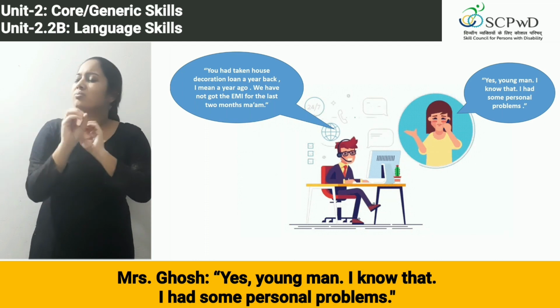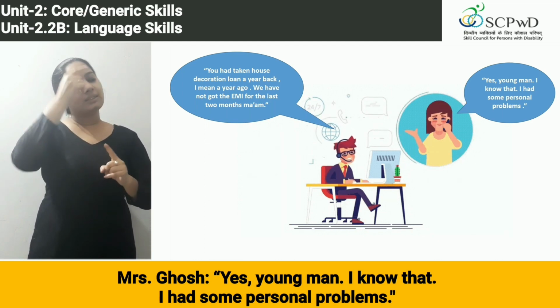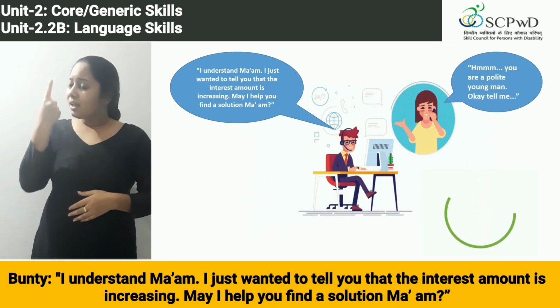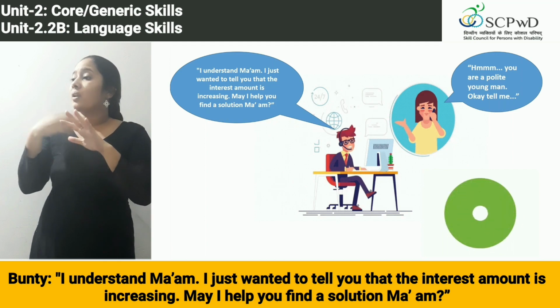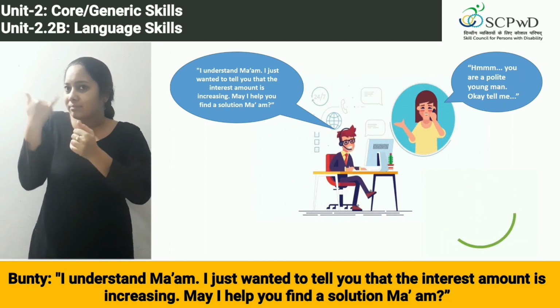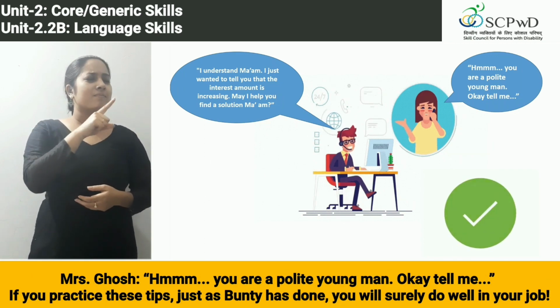Mrs. Ghosh: Yes, young man, I know that. I have some personal problems. Bunty: I understand, ma'am. I just wanted to tell you that the interest amount is increasing. May I help you find a solution, ma'am? Mrs. Ghosh: You are a polite young man.